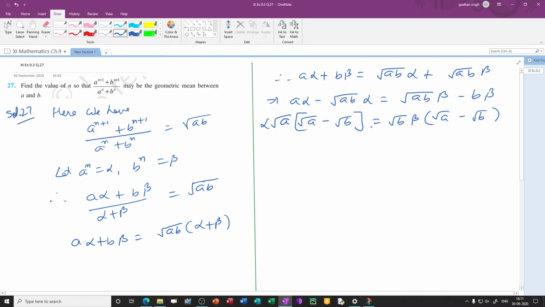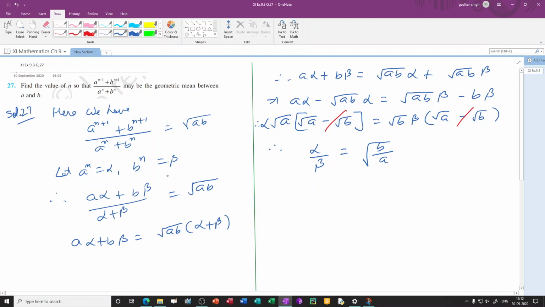Now on both sides we can see that we have root of a minus root of b, so we'll cancel it out, and this will give us, therefore, alpha by beta equal to root b over root a. So alpha by beta equal to root b over square root of a.